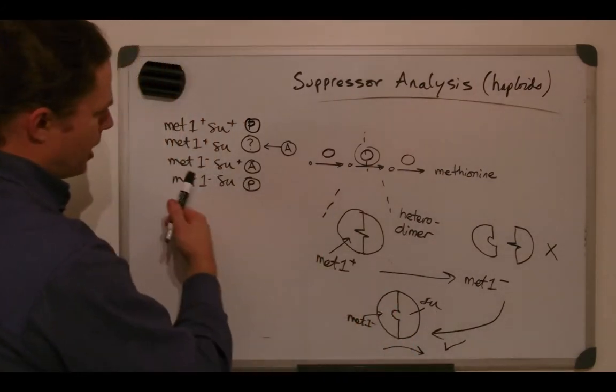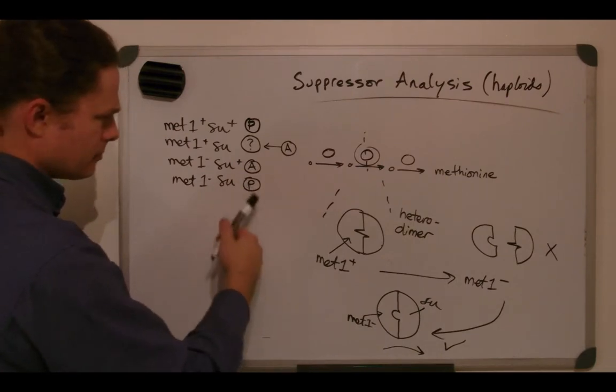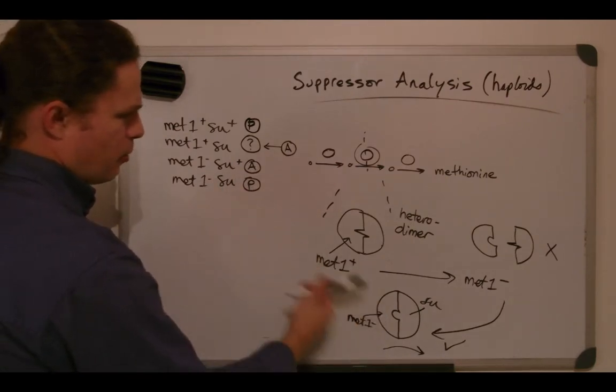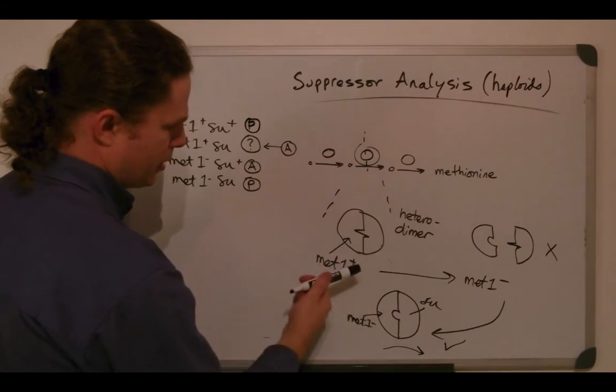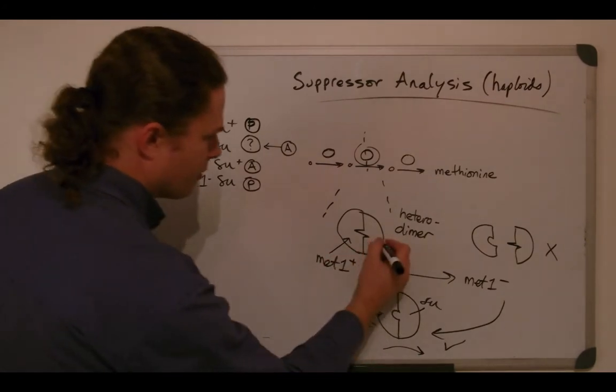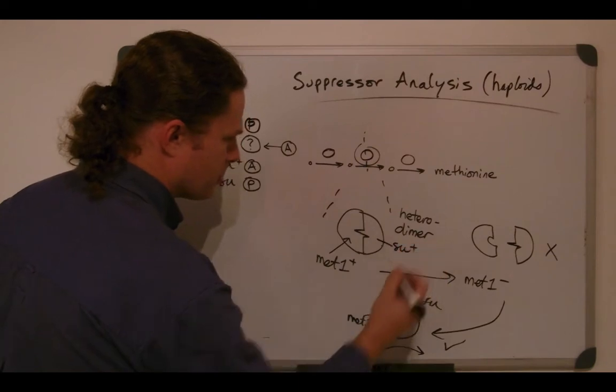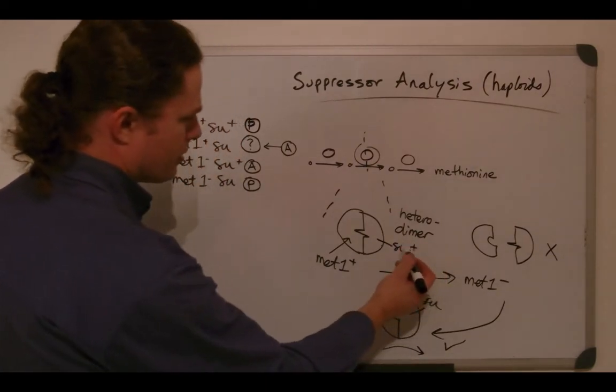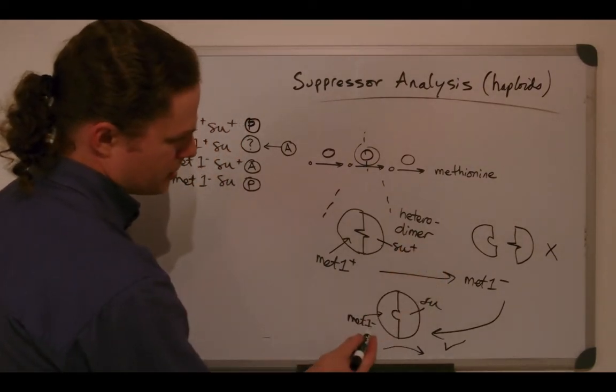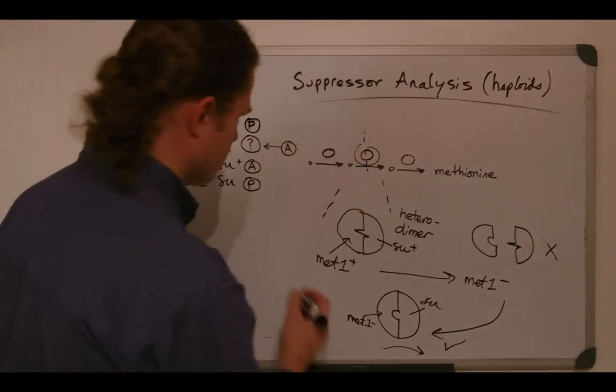The thing is, now when we have recombination, you can see that the wild-type allele of the suppressor, if we call this the suppressor plus, is not going to be able to interact with the MET1 minus.